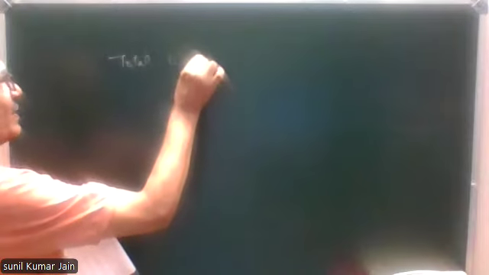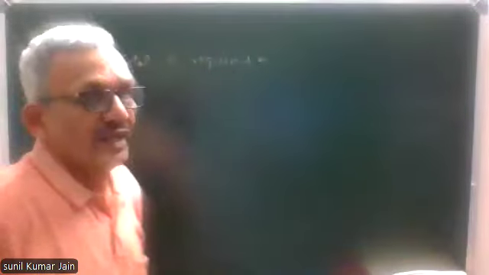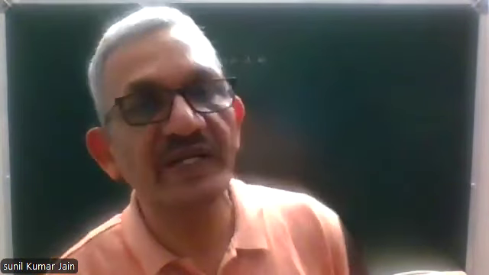Total energy required. 1 mole of ice. Ice is nothing but water. And 1 mole of water will be 18 grams of water. So we have to first find out how much is the total energy required to melt 18 grams of water, that is 18 grams of ice.